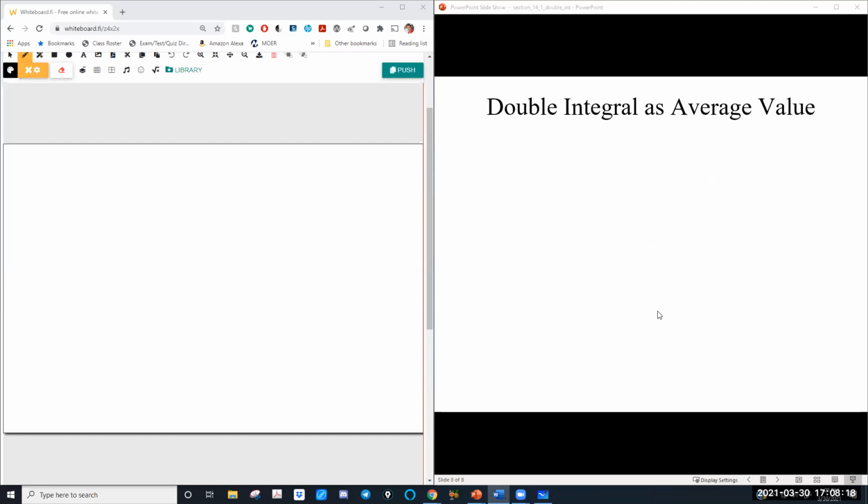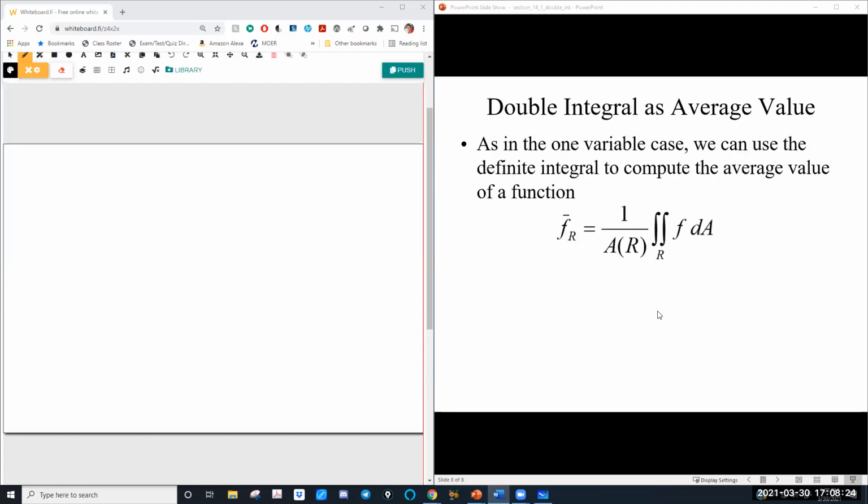The last thing I'm going to mention in this section is the double integral, just like in Calc 1, can give us the average value of a function. So in Calc 1, in single variable, basically you did your average value by dividing by the length of your interval.